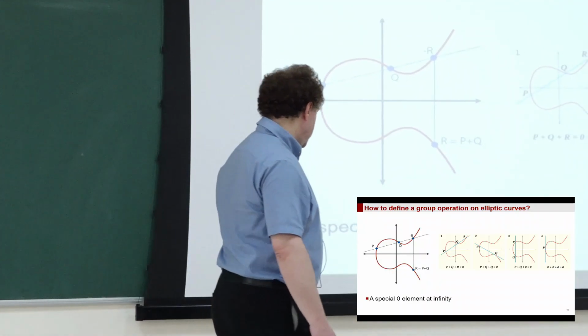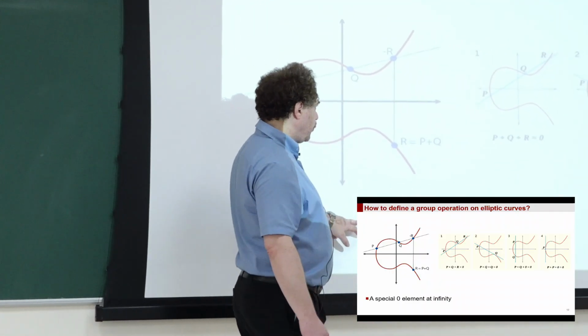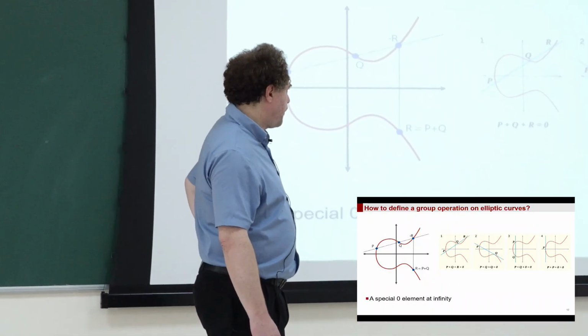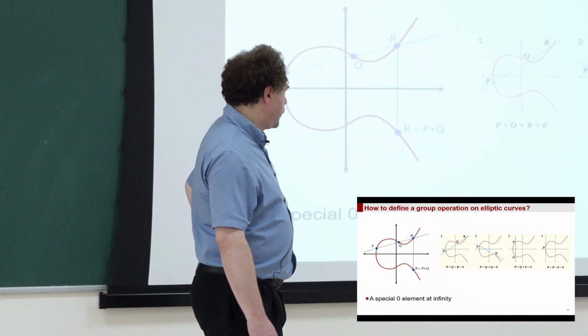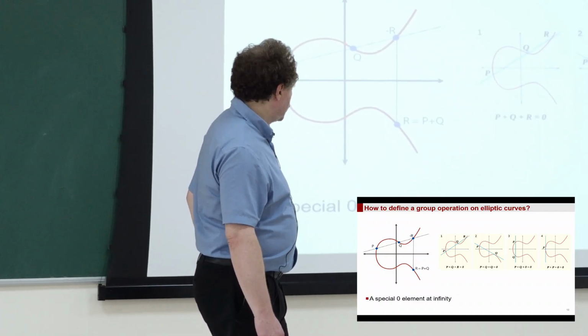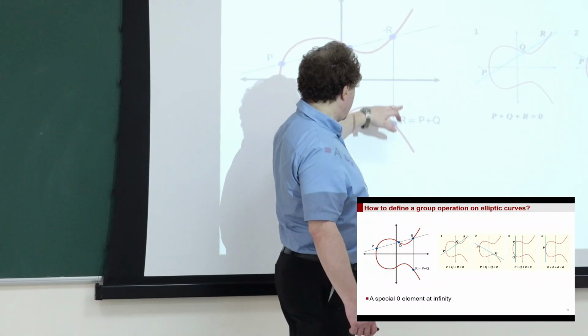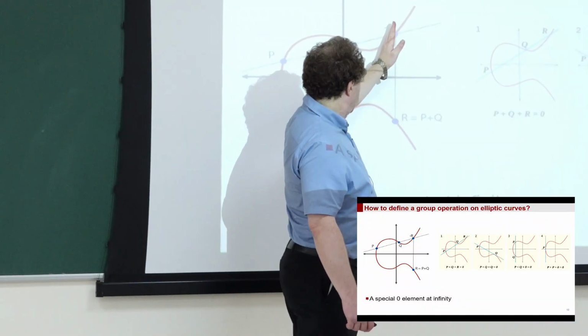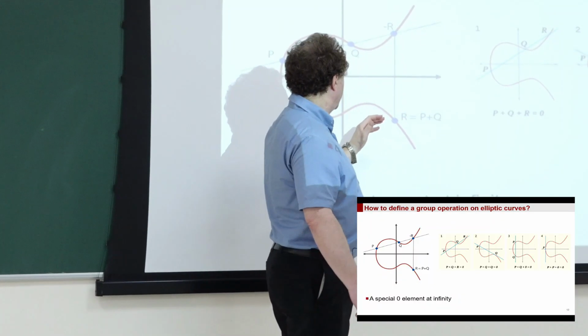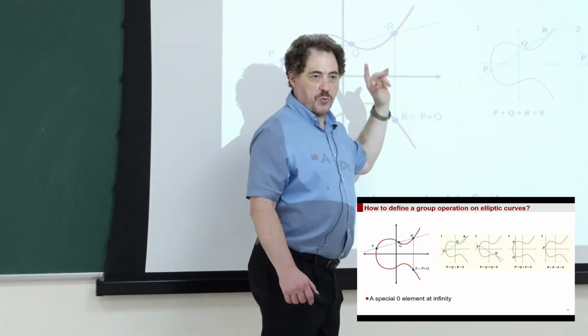And that element is 0. So, for example, if it is R and minus R, the line would be vertical, and in this case there is no third curve point.